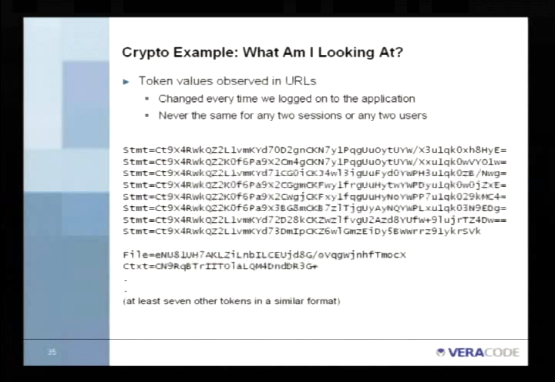It wasn't just one cookie. It was parameters that were passed back and forth with requests. There was one called statement, one called file, context, and a bunch of others in a similar looking format. That's not to say that they are the same format, but we're doing reconnaissance on the application. For all intents and purposes, they're the same.